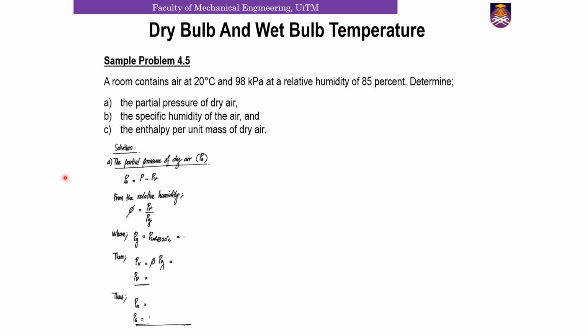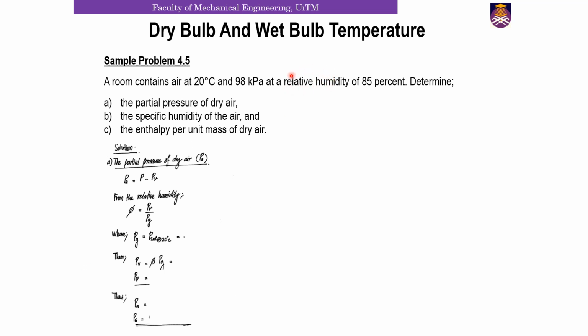You are given the total pressure, so we can use this formula. We want to find the partial pressure of dry air. In order to find that, we need to know the partial pressure of water vapor. So we find our saturation pressure at 20 degrees C and substitute it into this equation because we know the relative humidity.